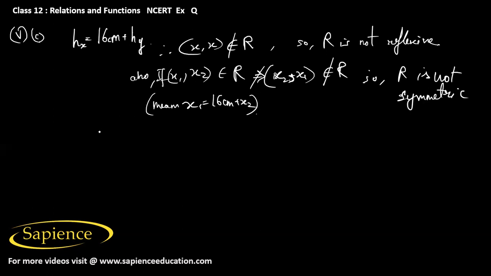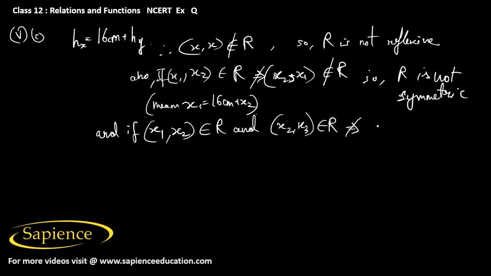It's not symmetric. And then if x1 comma x2 belongs to the relation R, and also x2 comma x3 belongs to the relation R, this does not imply that x1 comma x3 also belongs to the relation R. Since why, it means that x1 equal to x2 plus 16, and here also x2 equal to x3 plus 16.